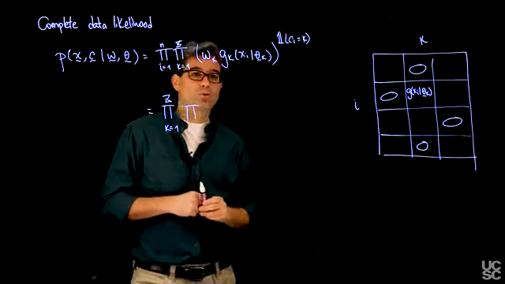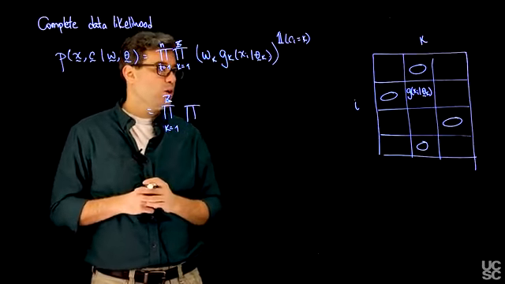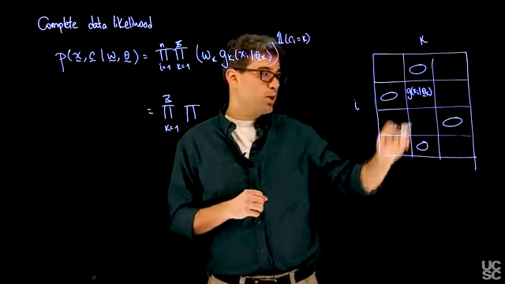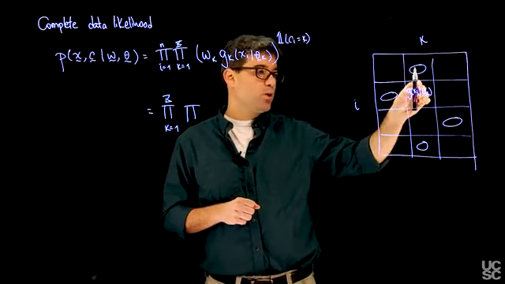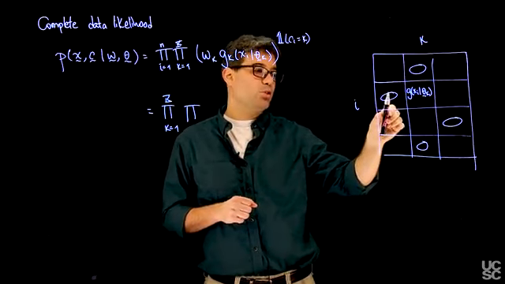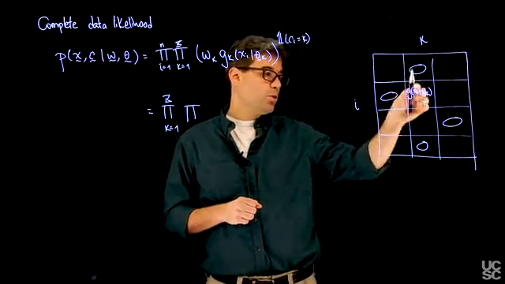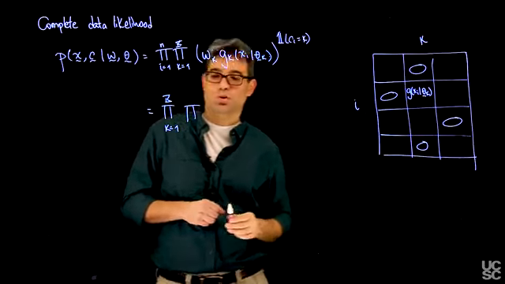So another way to write the product over all the observations is just to think about grouping rows together according to which column is being selected. And in particular, for example, we could put all the observations that have the first column being selected together, then all the observations that have the second column being selected together, and so on.